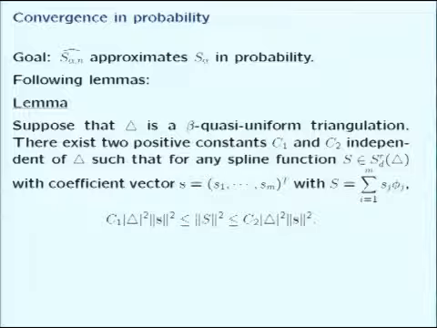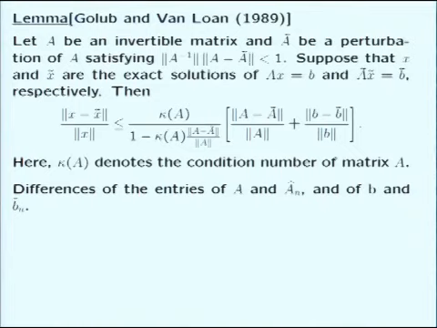It looks simple, but it's not that simple to prove. I should have put the L2 norm here. When you have a spline, you can relate the L2 norm to the small L2 norm of the coefficients, the sum of squares of the coefficients. This is another lemma that is used here.